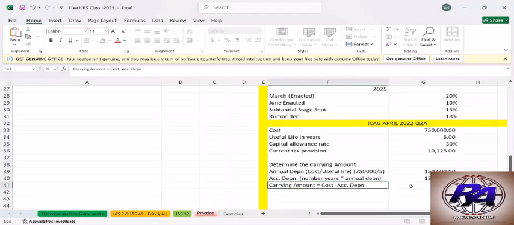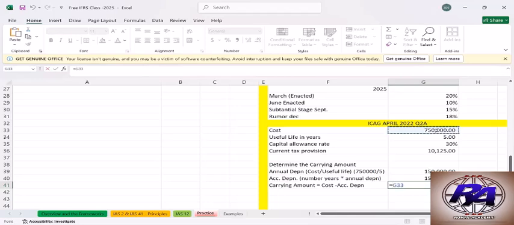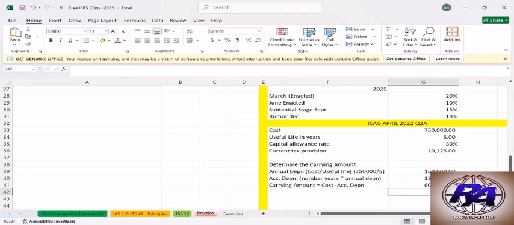So it's our cost, which is 750,000, minus our accumulated depreciation of 150,000, and it's giving us 600,000. So the carried amount of the asset is 600,000 Ghana cedis.